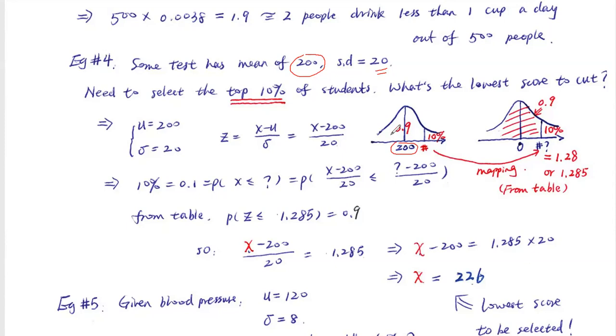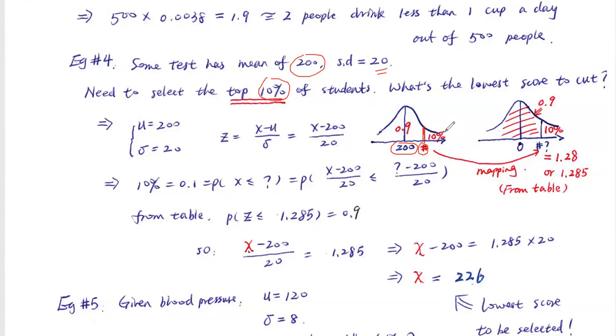Now the tricky part here: we need to select the top 10% of the students from that test. The question is, where is my cutoff? For example, if this is my cutoff number, then I know anybody beyond this number here will be in the top 10%.